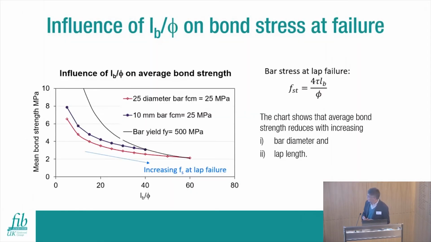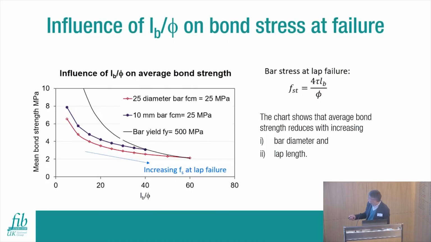So in this slide here, I've plotted the equations for the bond stress at failure for a 10 millimeter bar, that's shown with the blue line, and for a 25 millimeter diameter bar, shown with the red line. Also shown is the bond stress required for reinforcement yield.